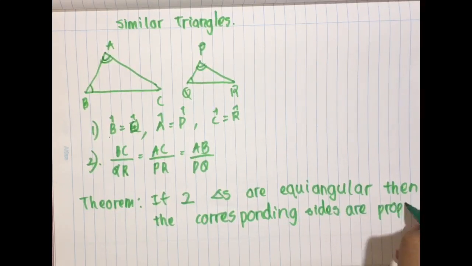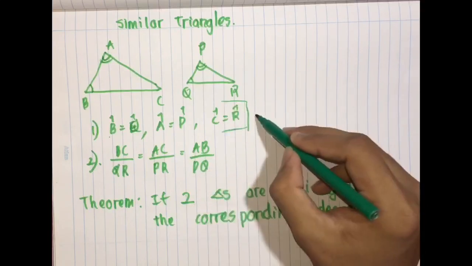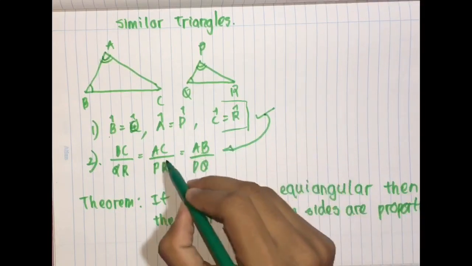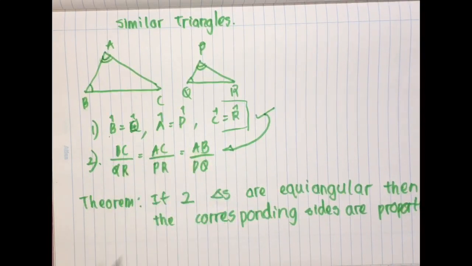Now did you understand a tricky part here? When this criterion is fulfilled, you can automatically say that this is also equal. That means these are in the same proportion. Is that clear? That is the theorem.